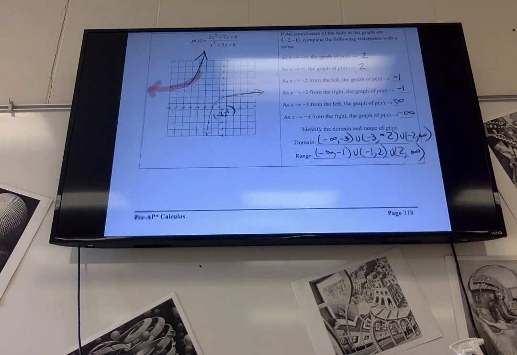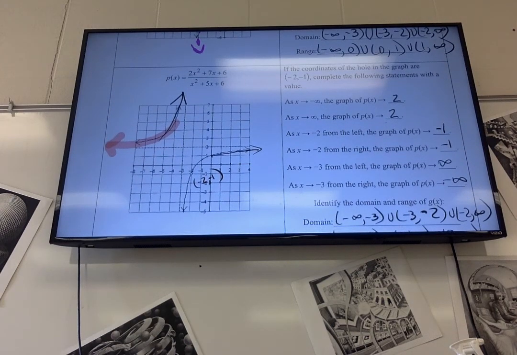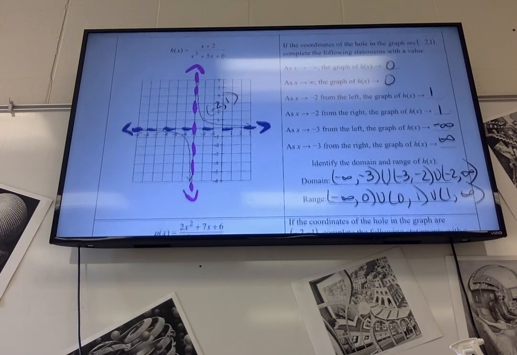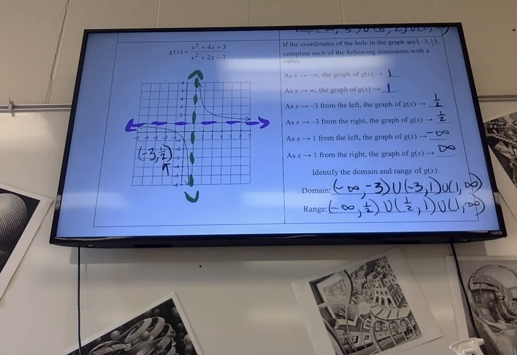Okay, so now we're just going to draw the conclusions. So based on all four of those graphs, if the graph of f of x approaches a number as x goes to infinity or negative infinity, then what does that cause? As x approaches negative infinity or infinity, and it's approaching a number, what is that in the graph?